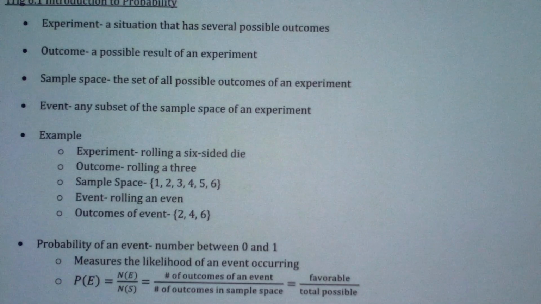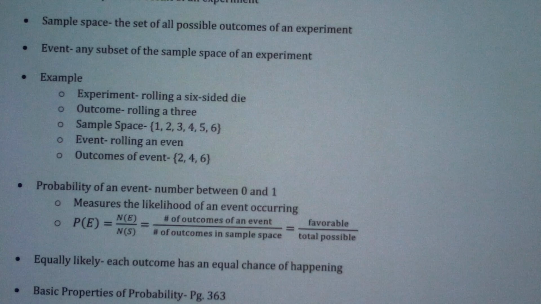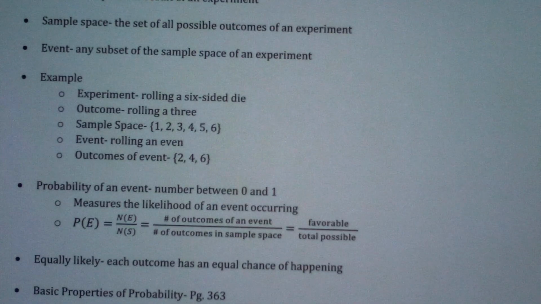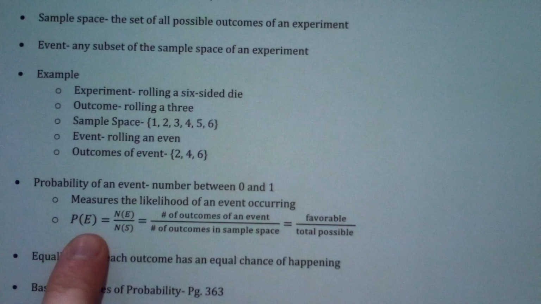Probability is basically just figuring out the likelihood that something is going to happen. Like the chance that you're going to roll a 6 or flip a coin and it's heads or grab something out of a bag. How we do that is they reference it with a P and then something in parentheses. P stands for probability, and whatever is in the parentheses is what we're figuring out the probability of.